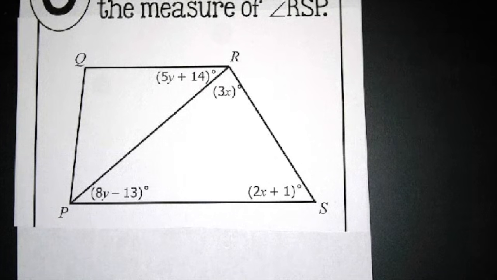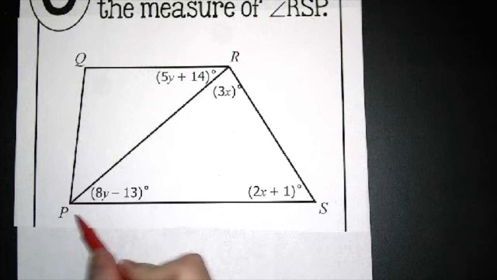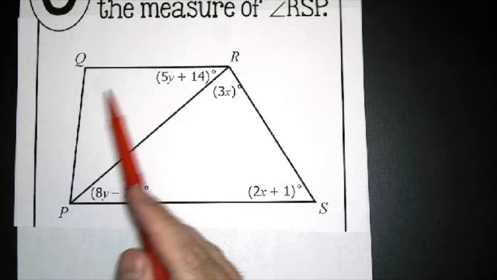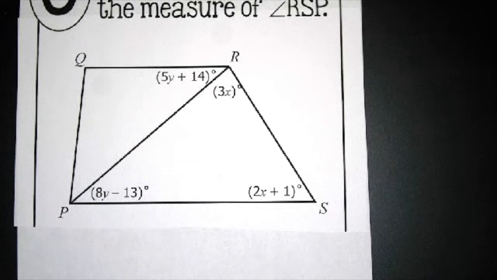So let's take a look at number 8. We have a weird shape here, but it tells us that PS, which is the bottom line on this figure, is parallel to QR. So with those two parallel lines, I have two transversals.